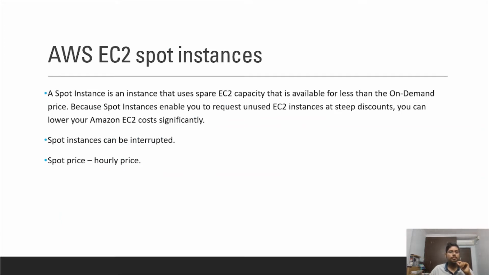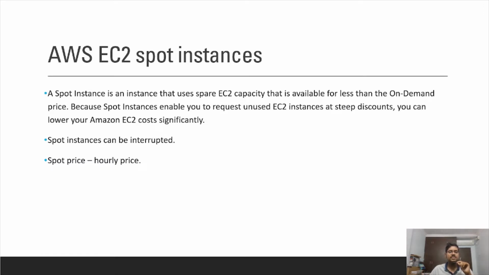So, next topic, AWS EC2 Spot instances. A Spot instance is an instance that uses EC2 capacity that is available for less than the on-demand price. Spot instances enable you to request unused EC2 instances at discounts, so you can lower your Amazon EC2 costs significantly.